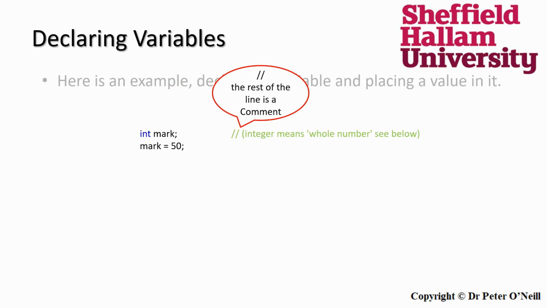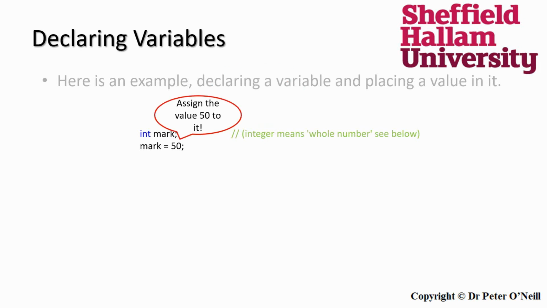The two forward slashes are then followed by text, and this is a comment. You will need to use these in order to explain to the people that follow you what you're doing with this number, or what this number is significant for, or even what your code does with it. And then you've got assigning the value. So in this instance, we're assigning the value 50 to Mark.